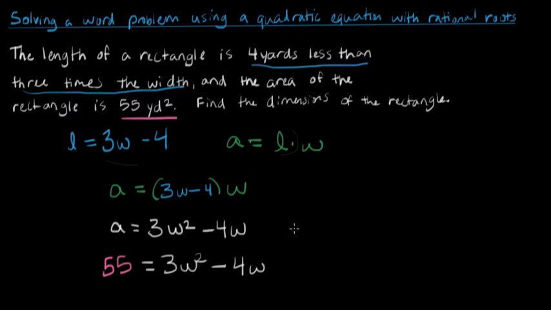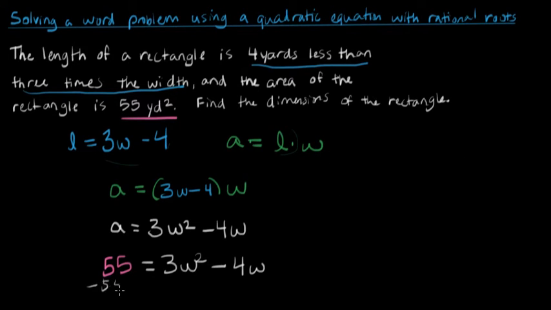Okay, now we want to solve this. So in order to solve a quadratic equation, the first thing that we need to do is get it equal to 0. A quadratic equation must be equal to 0 in order to do anything else with it.